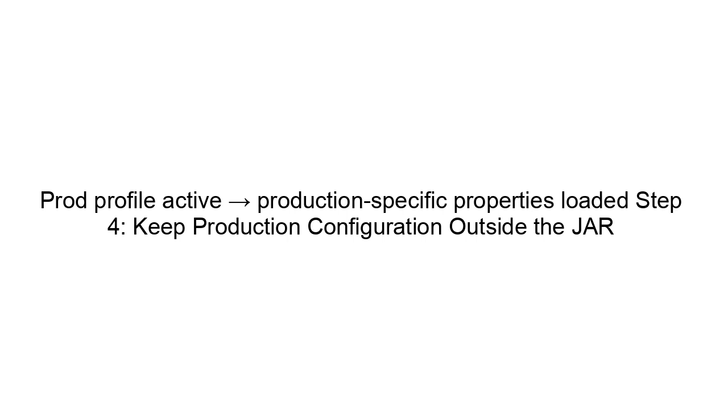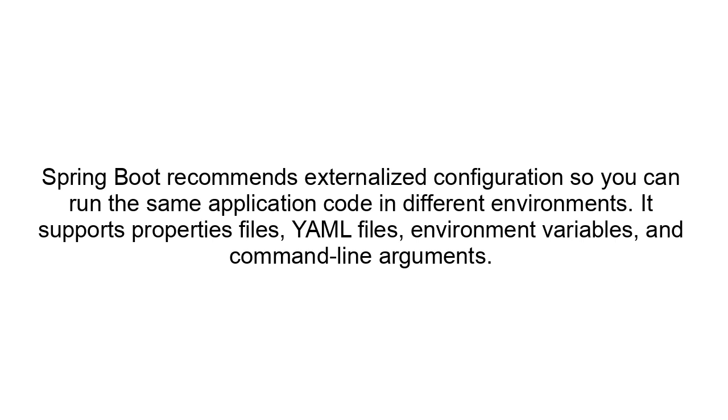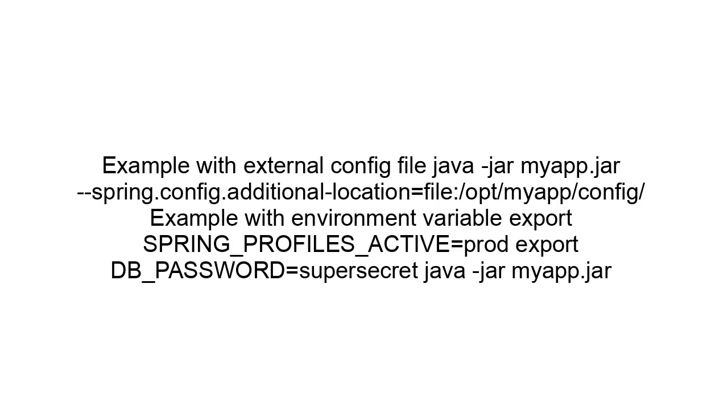Step 4. Keep production configuration outside the jar. Spring Boot recommends externalized configuration, so you can run the same application code in different environments. It supports properties files, YAML files, environment variables, and command line arguments. Example with external config file: java -jar myapp.jar --spring.config.additional-location=file:/opt/myapp/config/.